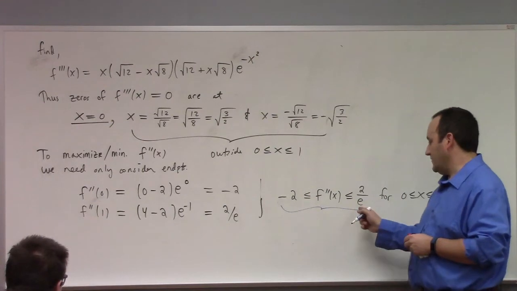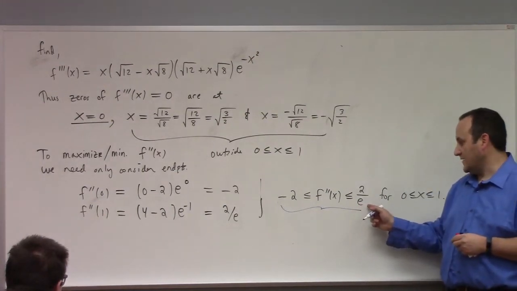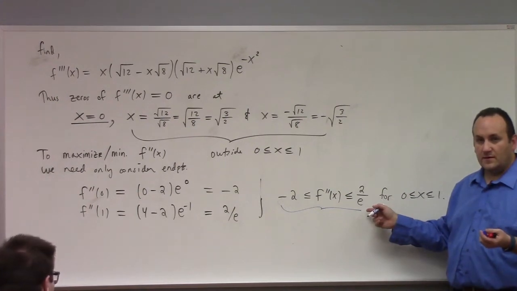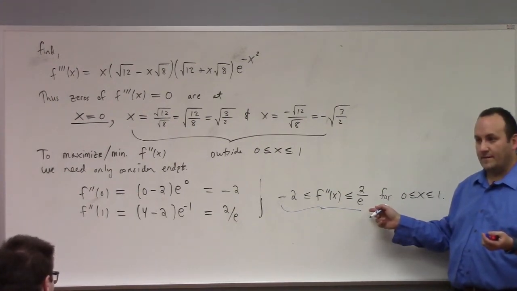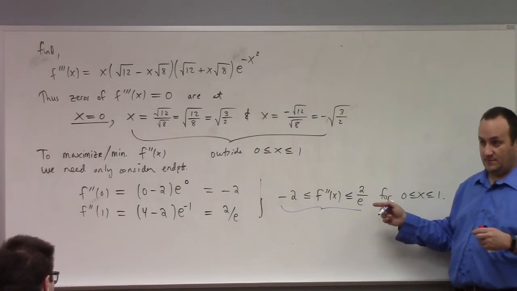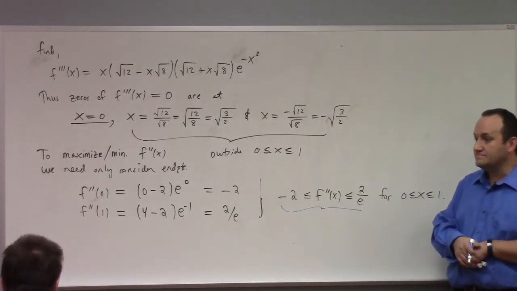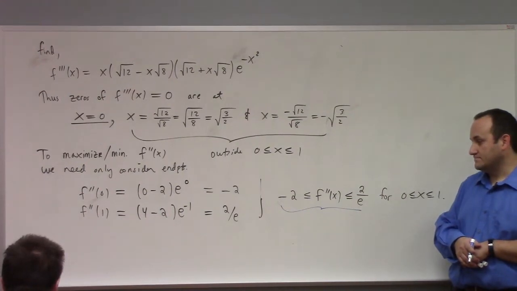The largest it can be in positive value is 2 over e. It's about 2/3. We're trying to find a k which bounds the second derivative. Yeah, and all those values between the -2 and 2 over e could be k.